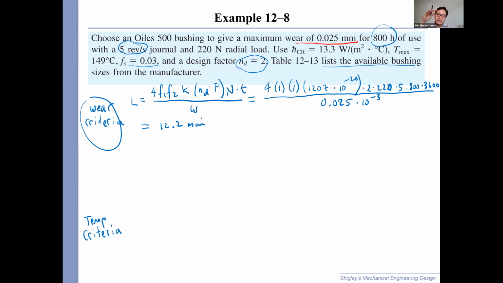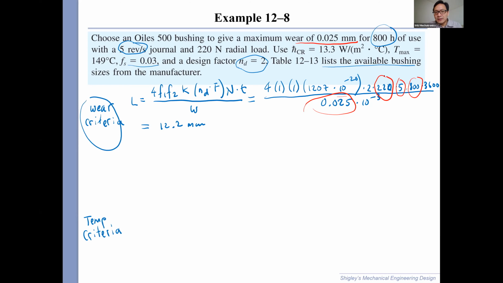Now, this is where it takes a little bit of imagination. Here, the length that we solved is 12.2 millimeters. What is this length? Well, this is the critical length at which you will wear out 0.025 in 800 hours with this load and this velocity.